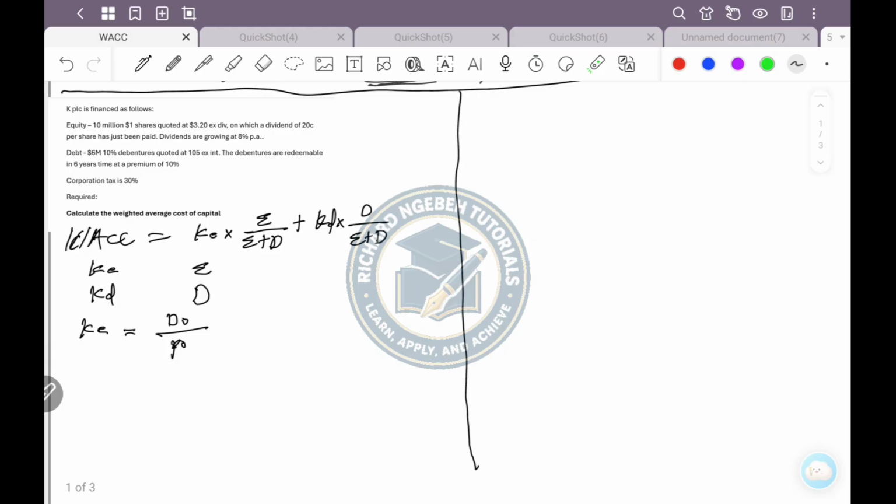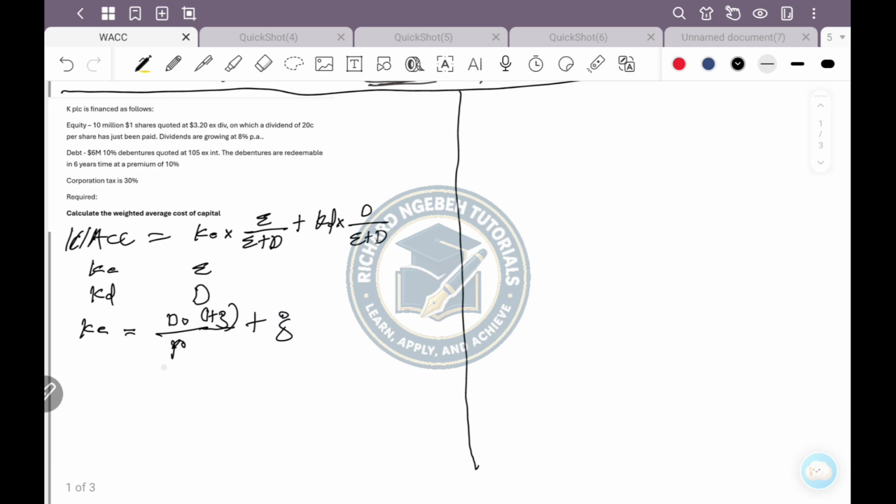But remember here there is growth. Dividends are growing at 8% per annum. So if there is growth, then definitely our formula will be D0 times 1 plus growth, all over P0, all plus growth again.